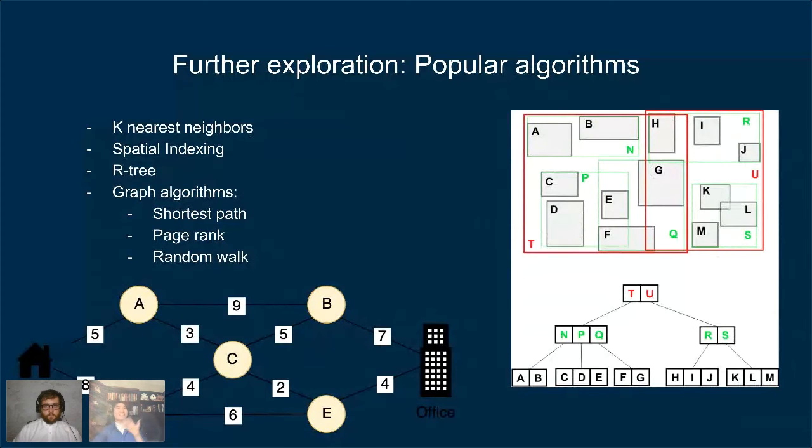Sorry, the way I'm explaining it may be a bit confusing, but just think of this: if you have the T and the U, the two big spatial regions, you start by dividing them into two big bounding boxes. Then from each of them you start dividing into smaller bounding boxes, and the way that you divide depends on different things.